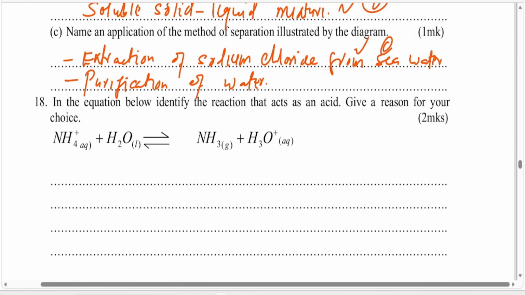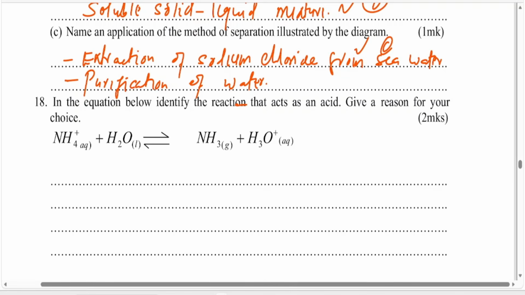In the equation below, identify the reactant that acts as an acid, and give a reason for your choice. So in this case, we have a few theories that try to define an acid and a base, and one of them is the Arrhenius theory. We have the Bronsted-Lowry theory, and we also have the Lewis theory.